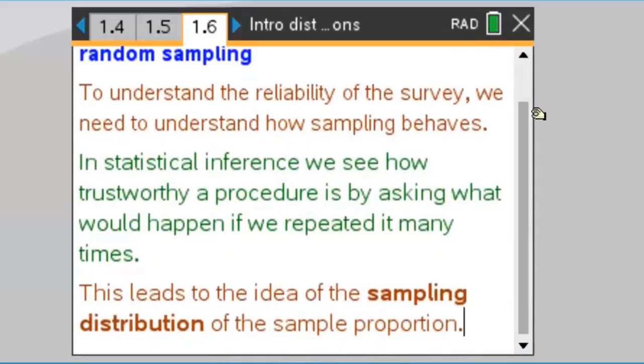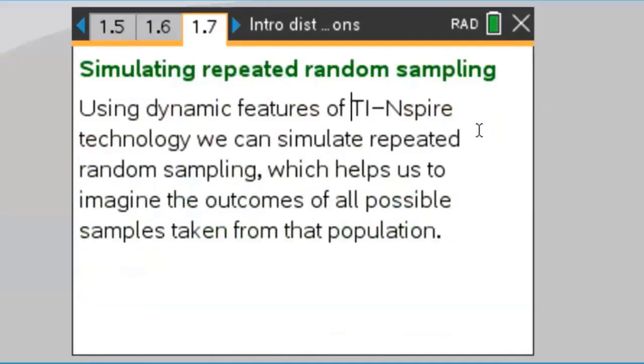And that leads directly to the concept of the sampling distribution, which is what Peter and I will be talking about. So we need to simulate repeated random samples to understand how sampling behaves, and the dynamic features of TI-Nspire are absolutely ideal for doing this.